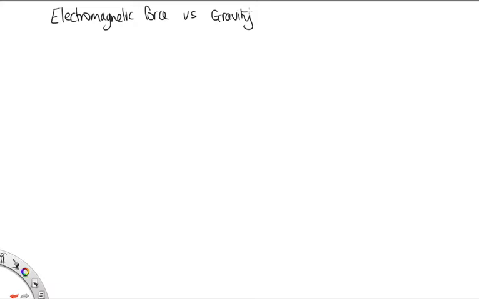There's a couple of important differences. The electromagnetic force has positive and negative charges. Charges are kind of equivalent to mass in gravity. We only have positive mass. There's no such thing as a negative mass. Another important difference is that the electromagnetic force is actually stronger.